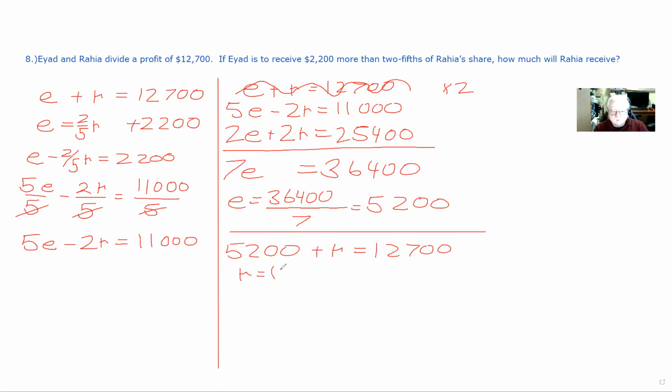So R equals 12,700 take away 5,200. Let's see what that's equal to. That looks like 7,500.